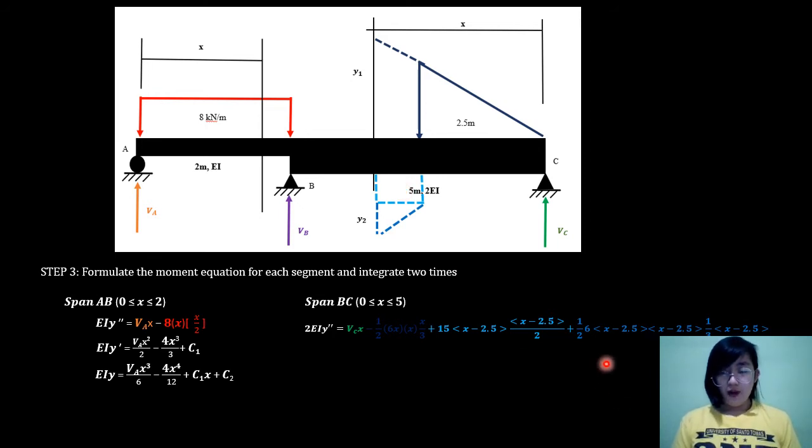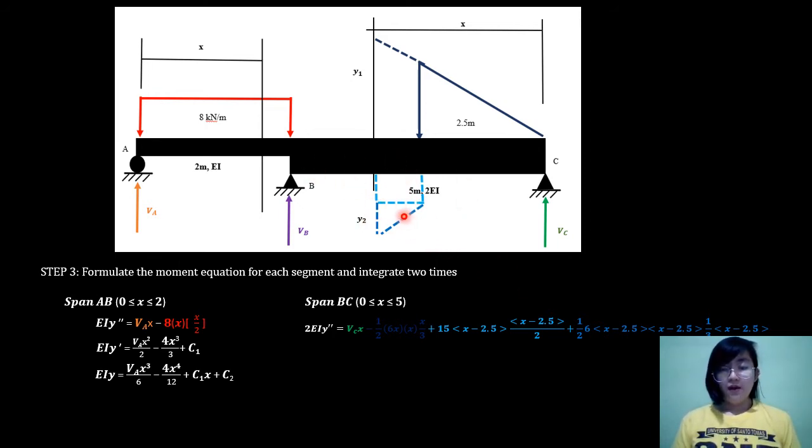So, next naman natin is yung triangular. So, 1/2 times y2. Ang y2 natin, remember, 6 times x minus 2.5. Height pa lang yan. Tapos, yung base natin, which is x minus 2.5, times yung centroid natin or moment arm, yung distance natin sa moment line.